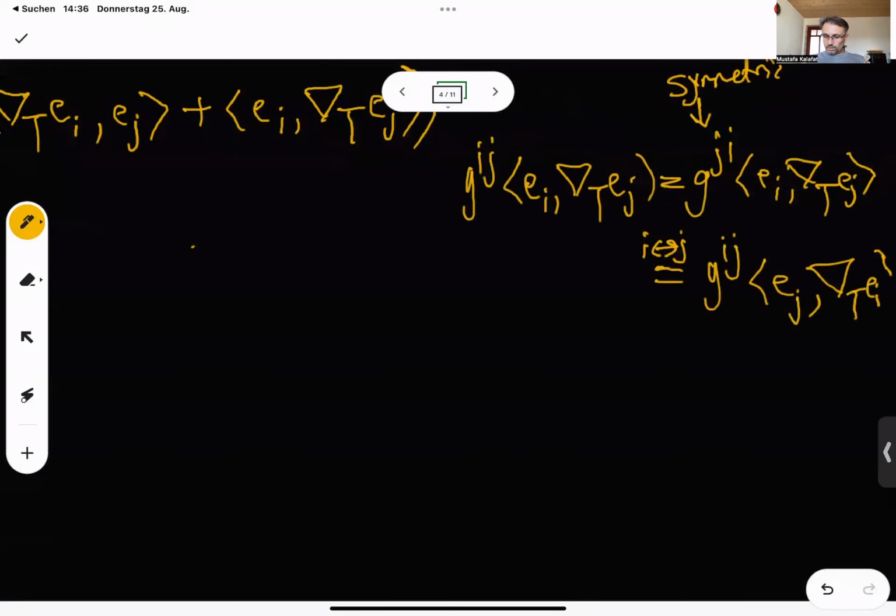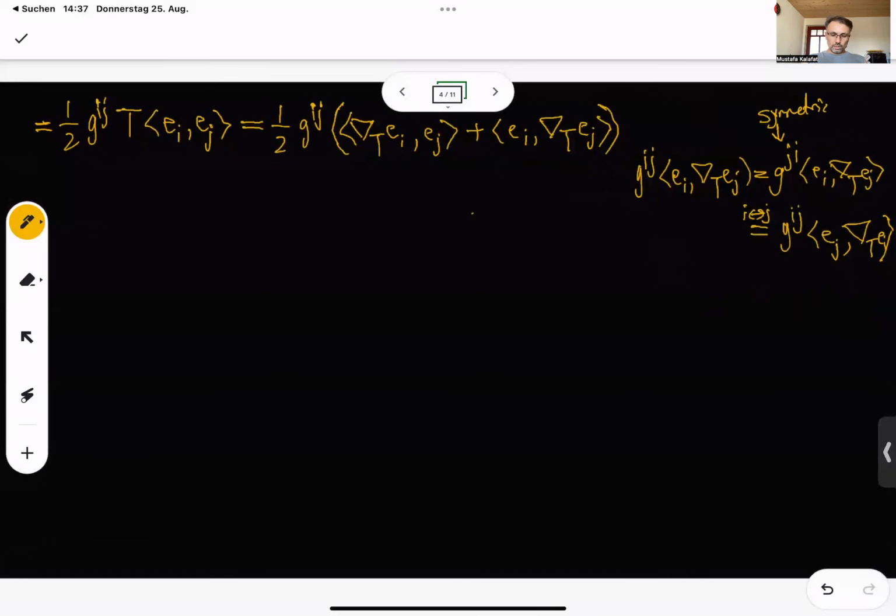These seemingly different terms are going to be the same after contracted with gij, so you can write it as twice the first one and just drop one of them.